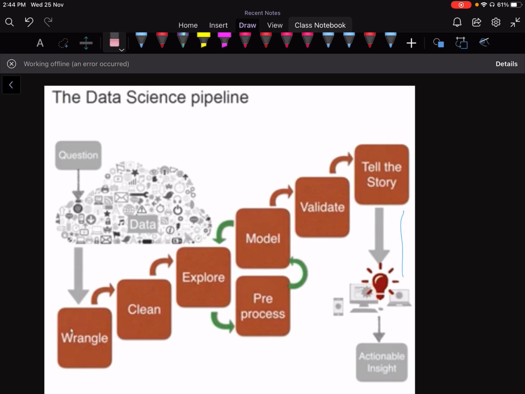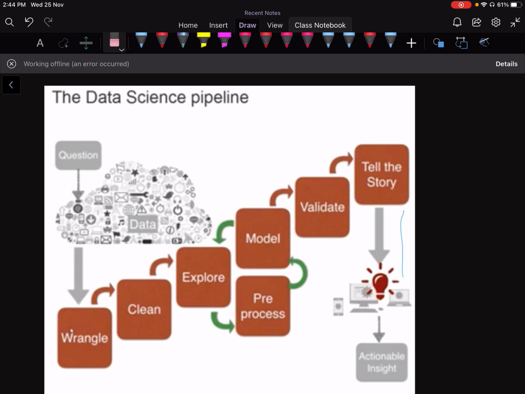But in the case of the data science pipeline, generally there is some kind of decision making that needs to be done ultimately, right? And for the decision making to be done, you need to predict something, you need to forecast something, right?